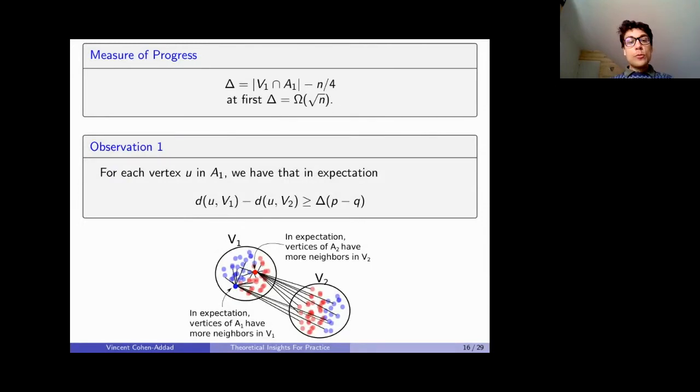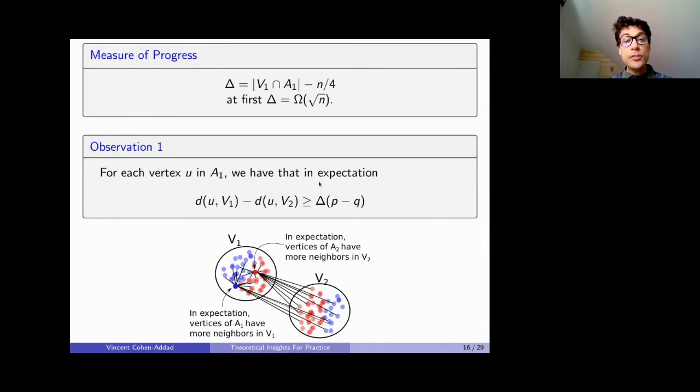Okay, so for each vertex u in A1, we have that in expectation. This is just like writing down the expectation. Because there are slightly more vertices of A1 in V1, we have that the degree of u to V1 is larger than the degree of u to V2 plus delta times (p minus q).